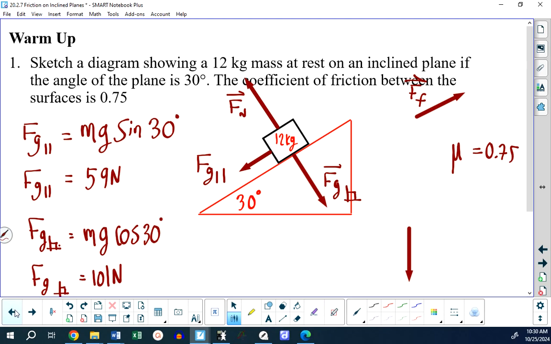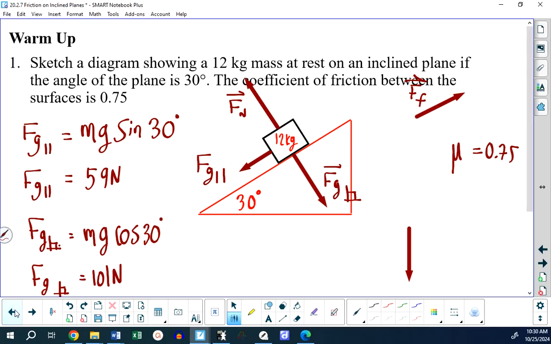Will this box accelerate down the ramp? There's a force pulling it down the ramp, right? Why is this force not sufficient to pull the box down the ramp? Because it's only 59 newtons. And the force of friction is 76.